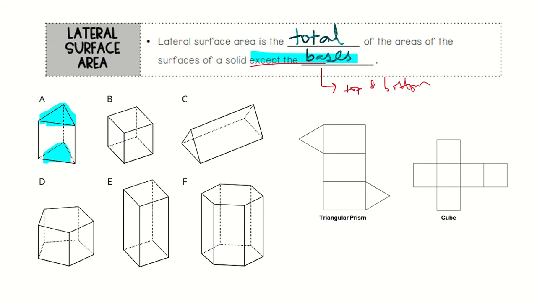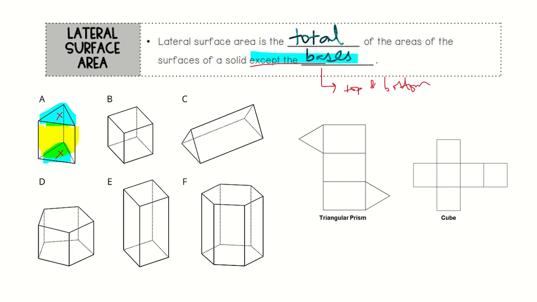So for lateral surface area, we find everything else, all of the sides, excluding the bases. What we are going to calculate, I'll show in yellow, are all the other sides. So you're just finding the sides basically. One way to think of it is that you're finding the area of just the sides, not top, bottom, not the bases.